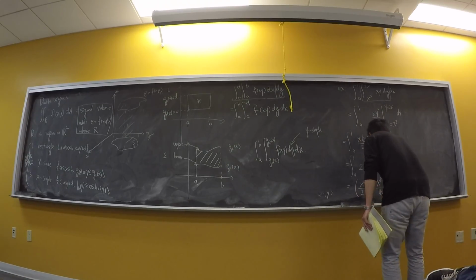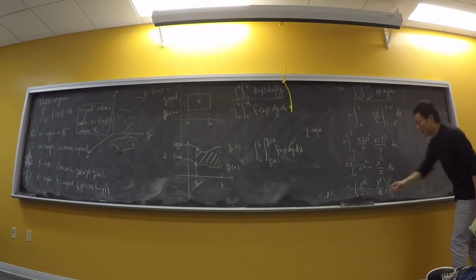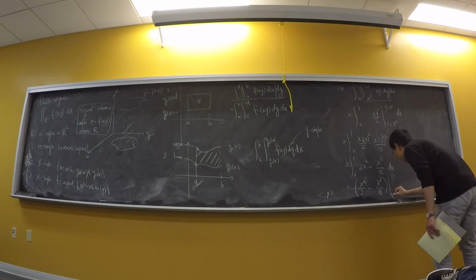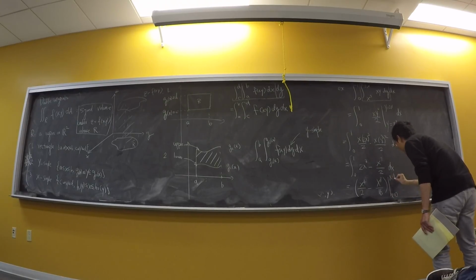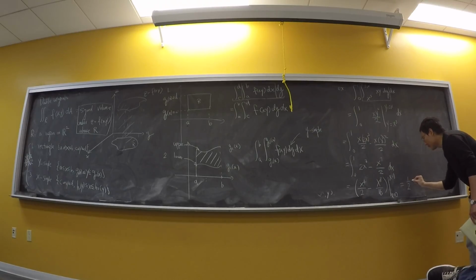And then I evaluate from 0 to 1. If you want to make your computation even more clear, it's x equals 0 to x equals 1. So in the end, I have 1/2 minus 1/16. So it's going to be equal to 7 over 16.